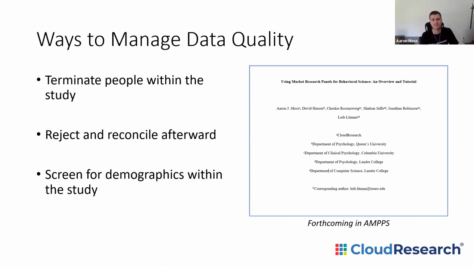And then in some cases, screening for participant demographic characteristics within the study is another way to improve data quality, especially for demographic characteristics that change really quickly. So you can imagine someone gets a nice raise at work, or unfortunately might be laid off from their position. The first thing that person thinks is not, I should run and update my demographic profile on the platform that I use to take online surveys, right?